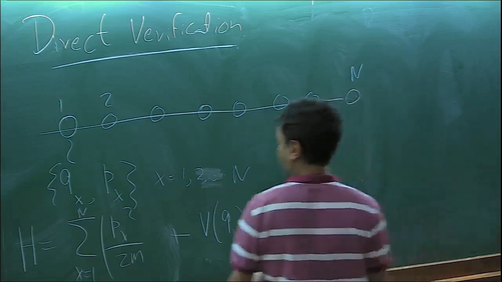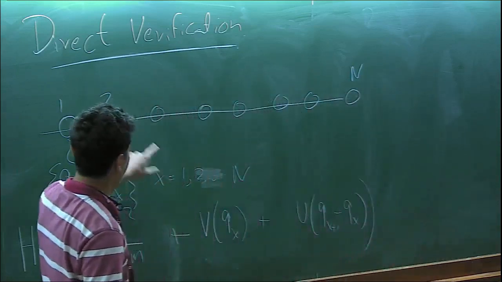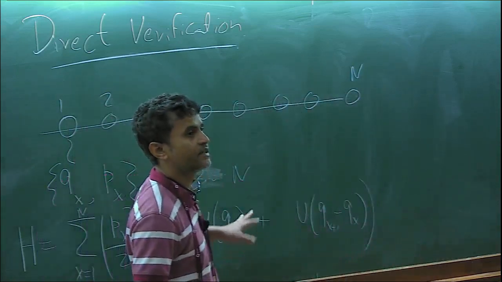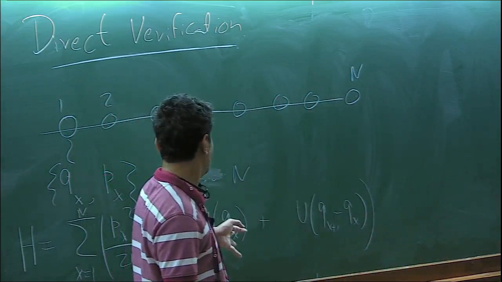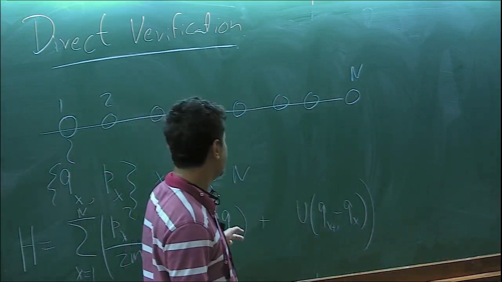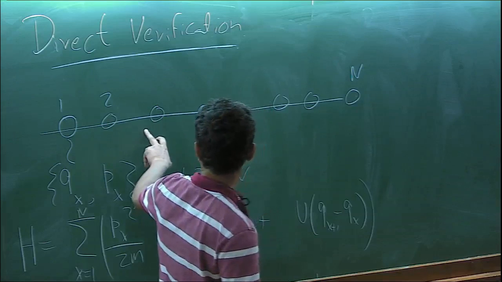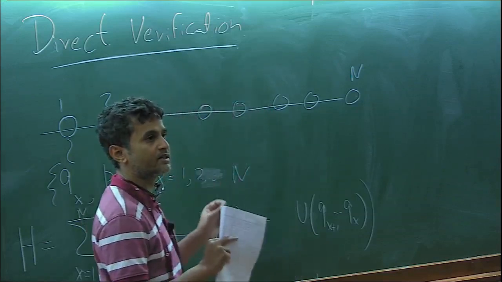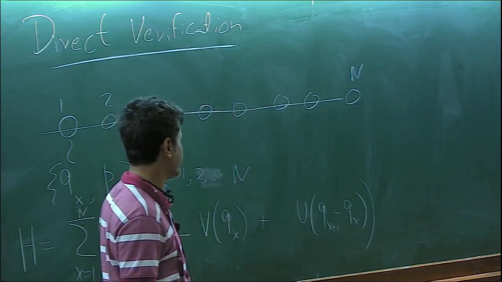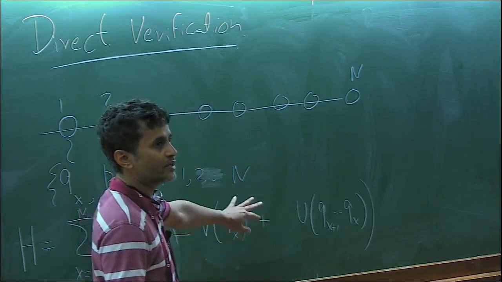Okay, so this is the kinetic energy of each particle, and this one is if there's an external potential which each particle sees, and this is a nearest neighbor interaction. So I just assume particles interact by some nearest neighbor interaction potential. So this is the Hamiltonian.